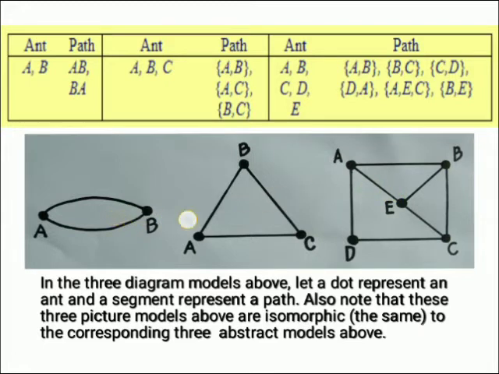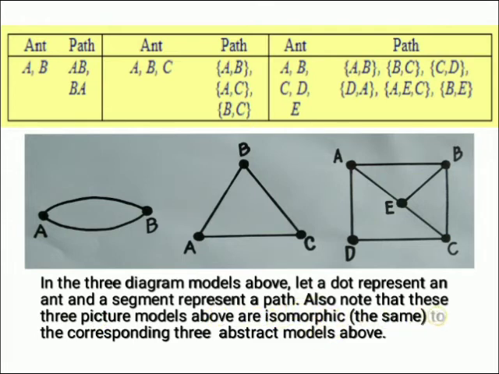So, bale itong concrete models na to are adapted to the real world. Tulad nga ng sabi ko, hindi mo na kailangan mag-imagine dahil nakikita mo na mismo. So, in the 3 diagram models above, let a dot represent an ant and a segment represent a path.